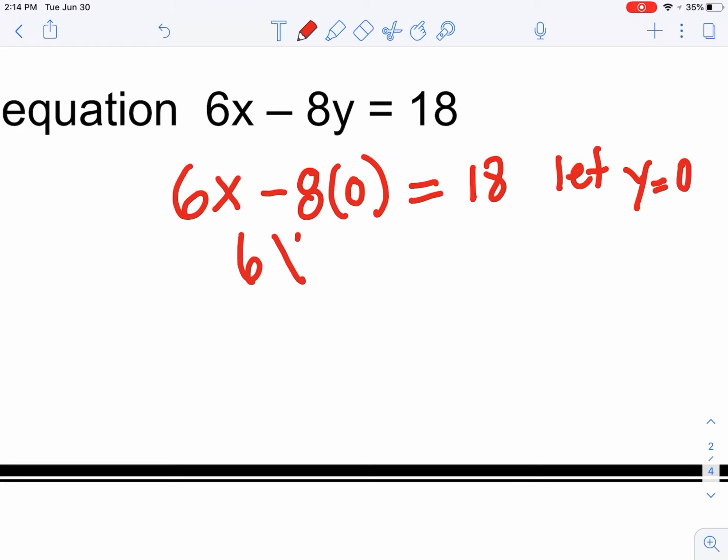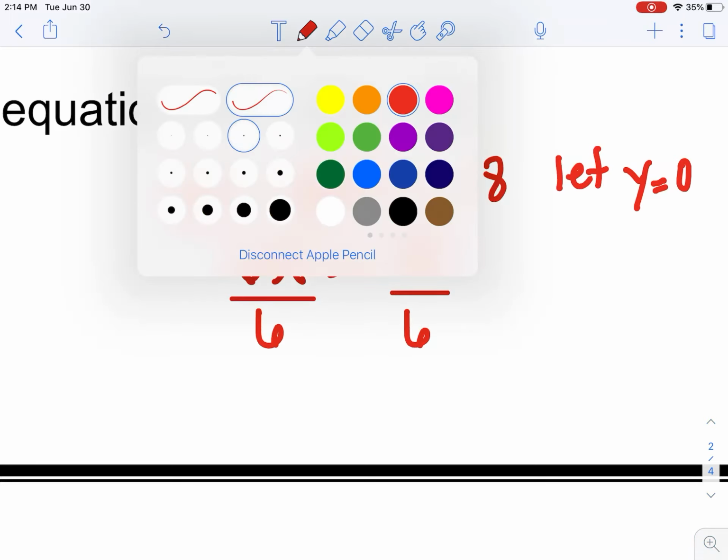So 6 times x stays there. A negative 8 times 0 is just 0, equals 18. And now to undo the 6 times x, the multiplication, we undo it by dividing out the coefficient of x. The coefficient is 6. But what I do to one side, I need to do to the other. Always got to be fair in math.